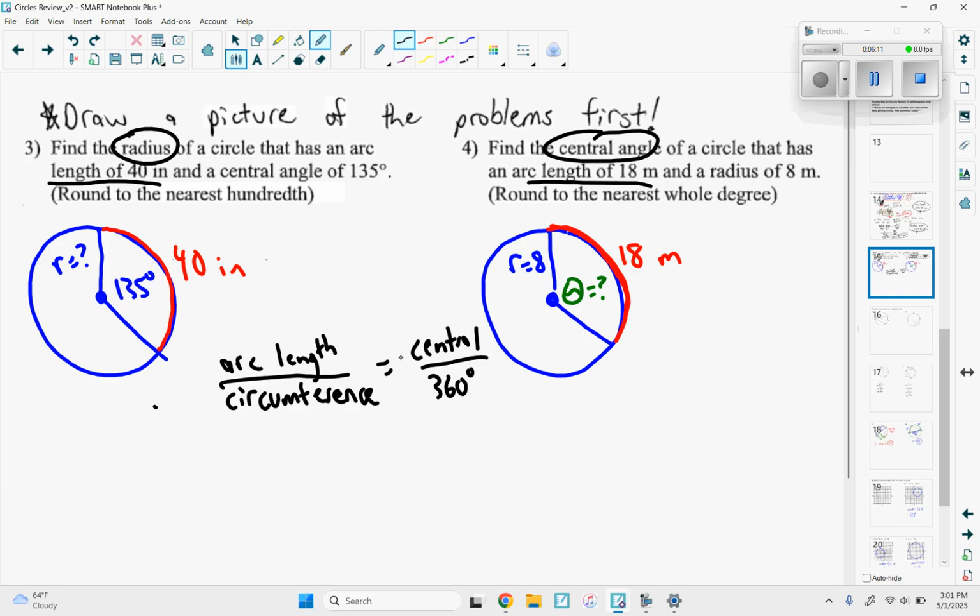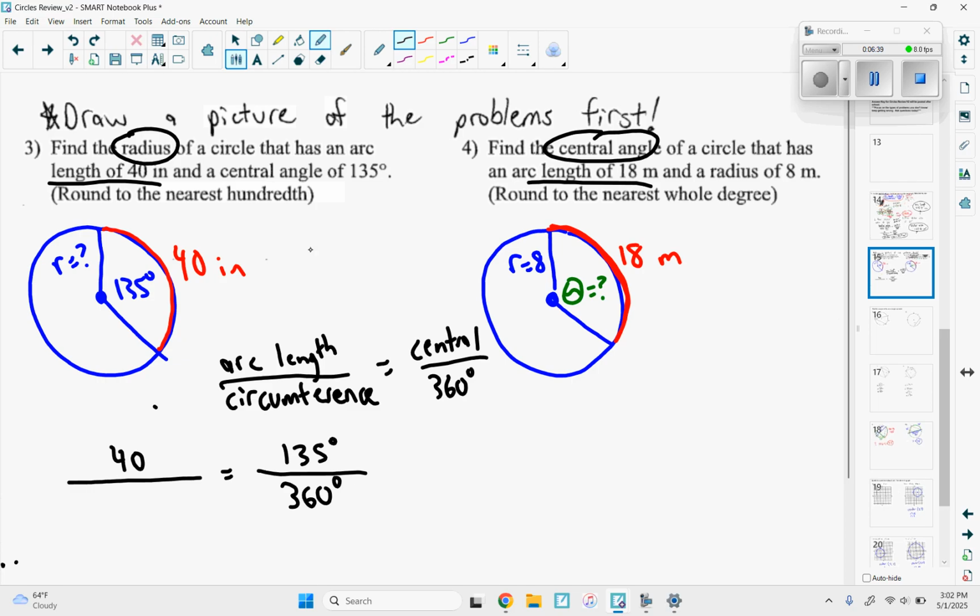All right, and so what we want to do for 3 and 4, after we draw a picture like I did here, is fill in the parts of the proportion that we know. So we're given an arc length of 40 inches. We know the central angle for number 3 is 135 degrees, and we are trying to find the radius.